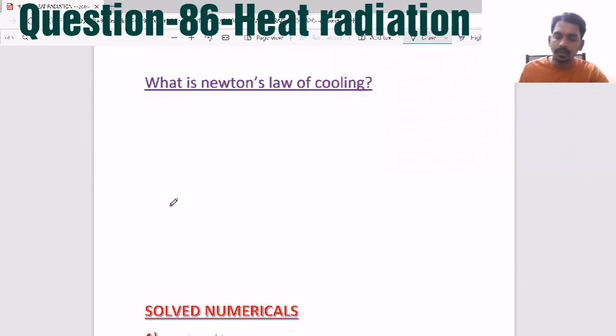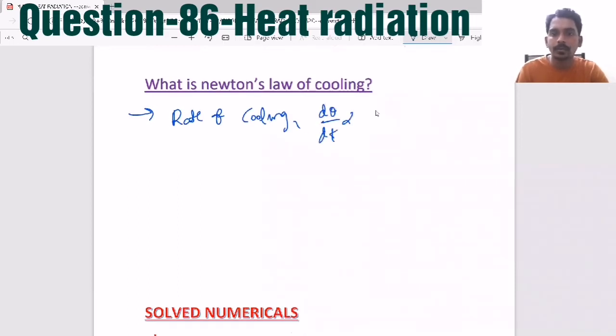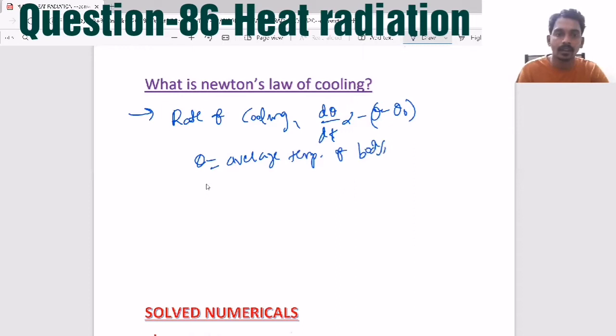Now one more thing: when radiation is emitting, the body cools down, and based on that Newton has given that the rate of cooling, d theta by dt, is directly proportional to theta minus theta naught, where theta is the average temperature of the body and theta naught is the temperature of surroundings.